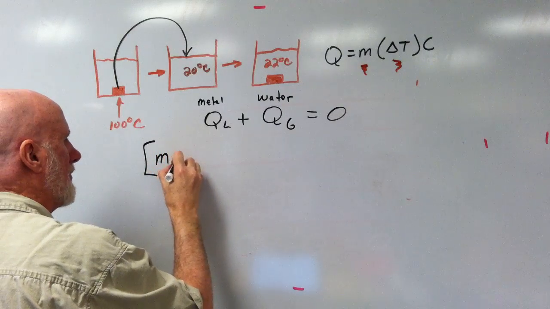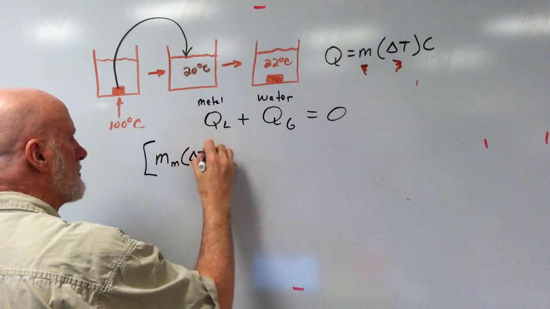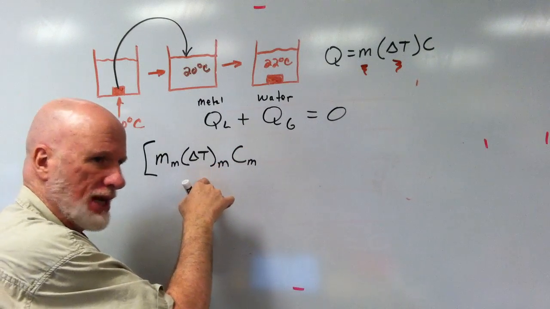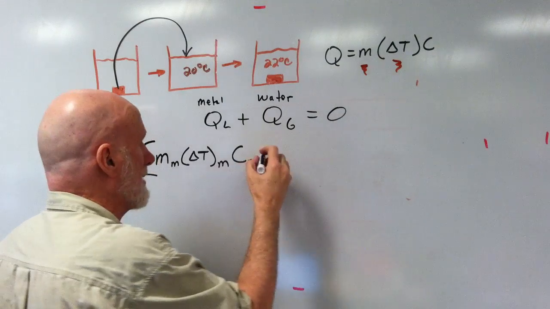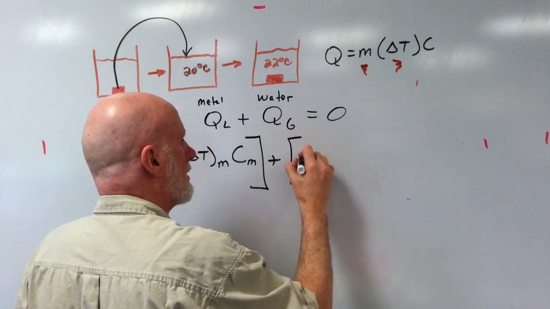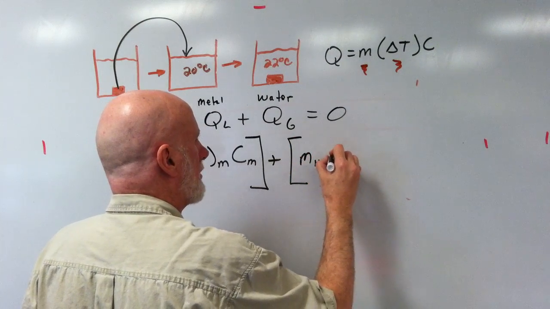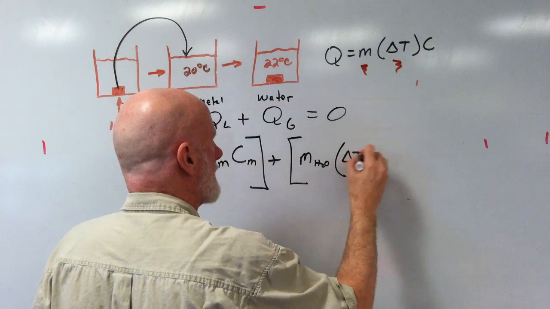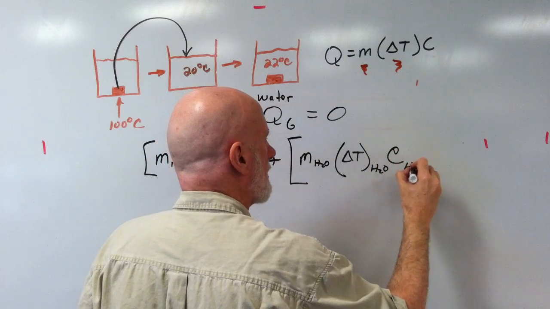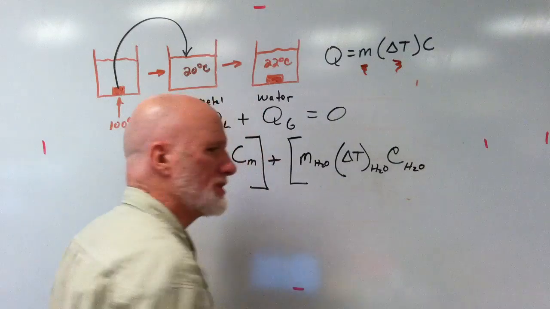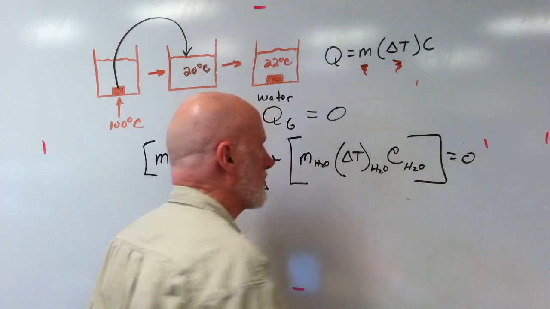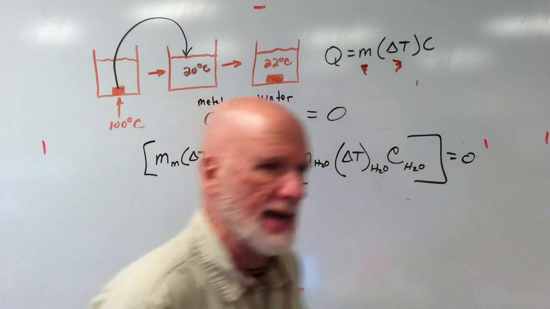The mass of the metal times the change in temperature of the metal times the specific heat capacity of the metal, plus the mass of the water times the change in temperature of the water times the specific heat capacity of the water, equals 0.